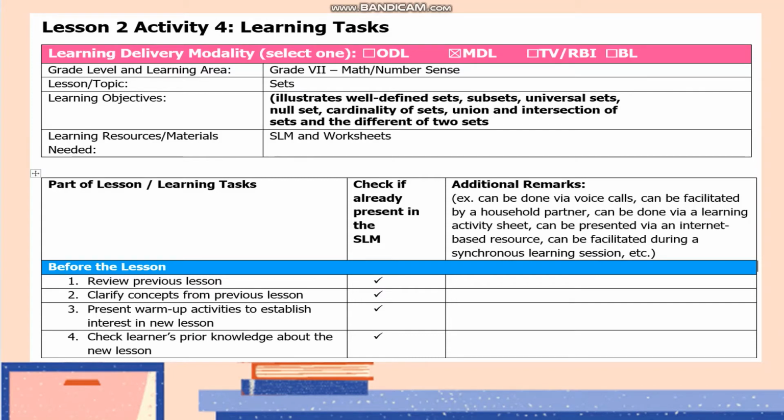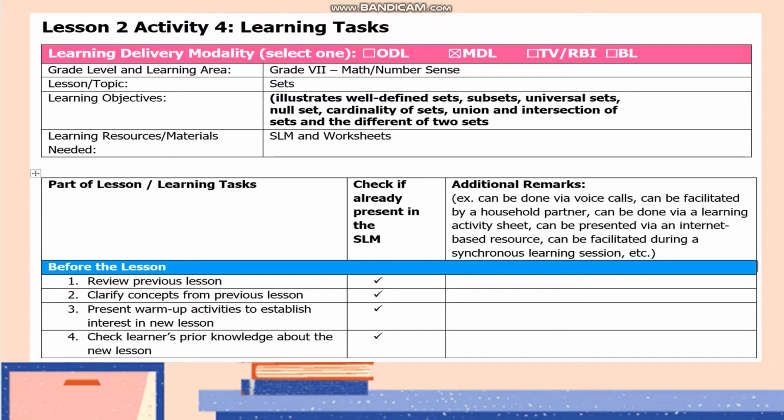Part of the lesson or the learning task: check if already present in the SLM. And additional remarks.